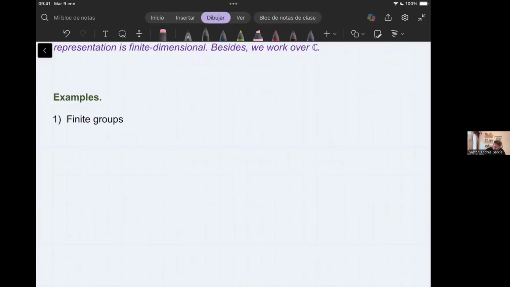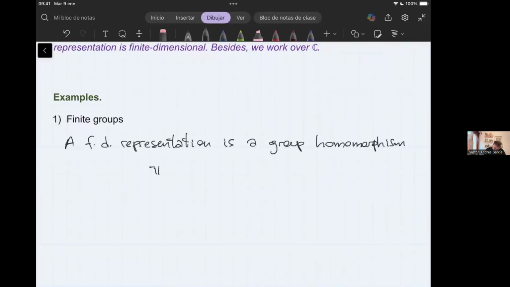So for finite groups, a finite dimensional representation is just a group homomorphism, as I said, we don't care about the topology here because we think of it as the discrete topology, that goes from G to GL(V). Again, V is a finite dimensional vector space.